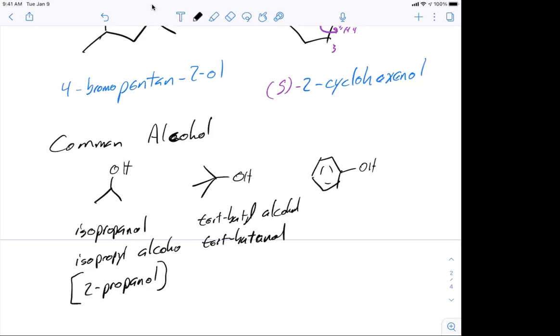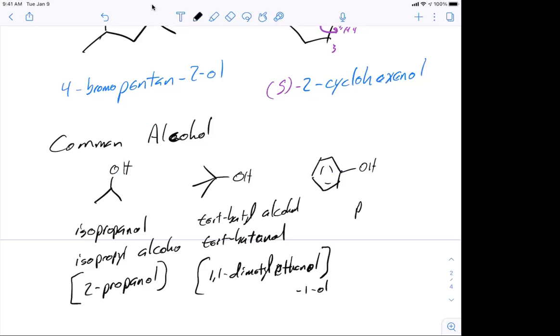And the IUPAC name on this one is 1,1-dimethylethanol, right? And sometimes you'll see the 1-all here. Here it has to be 1. In ethanol, it's always going to be 1. There's no choice. Okay, so you can see why we use tert-butyl instead of 1,1-dimethylethanol.